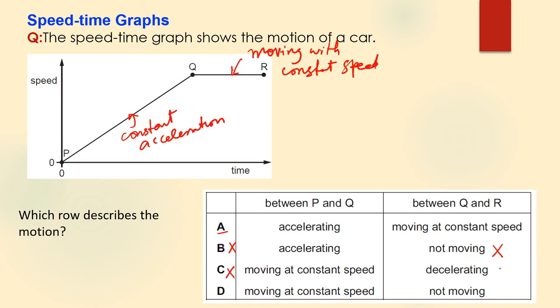That's also decelerating. No, moving with zero acceleration. That's also wrong. D, moving at a constant speed. That's wrong. It's moving with constant acceleration, not moving. It is moving with constant speed. So the option is only A, where the object is accelerating from P to Q, and between Q and R, it's moving with constant speed.